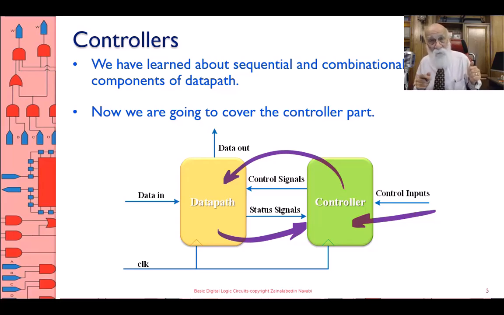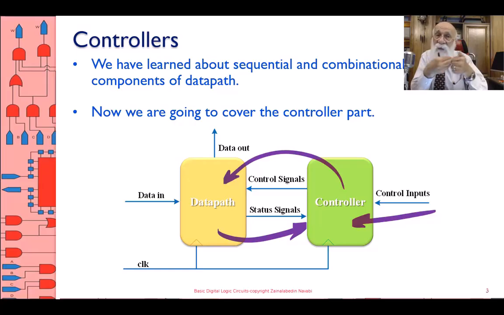So instead, what we do is we go into a smaller controller. Controllers are state machines, finite state machines. These are states, a finite number of states, say 10 states, and they go from one state to the next one based on the conditions.